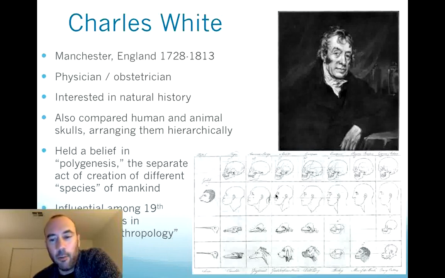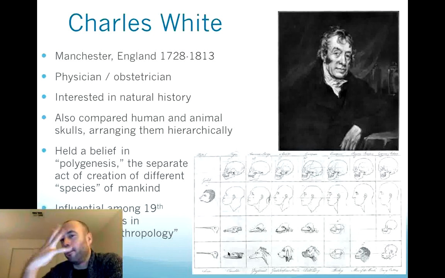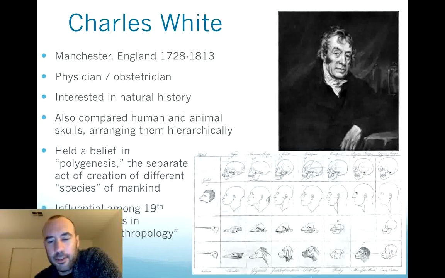If you look at one of his more famous drawings there on the bottom, he goes from birds and reptiles with really prognathic faces to different breeds of dogs, even to apes and chimpanzees, and then to humans, right? So all the way to sort of Apollo Belvedere there at the end, that sort of Greek god with a really flat face.